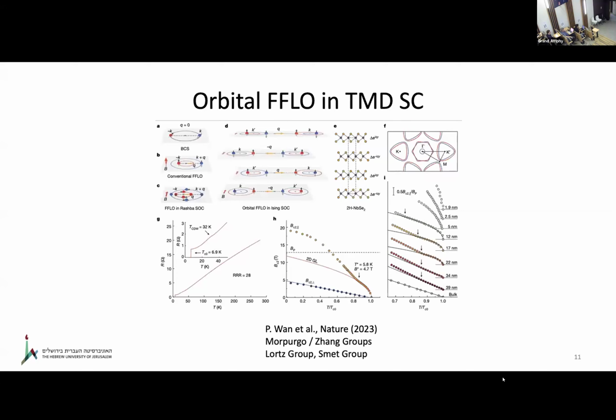In the beginning of the week, we had a talk by Ding Zhang, and he showed some data from his group and also from the group of Justin Ye from Groningen. What they show is that there is an effect that kicks in at about 10 nanometers, called the orbital FFLO, and that seems to be another phase at a higher magnetic field, which the groups working on this field associate with a different kind of Cooper pairing involving a momentum degree of freedom between adjacent layers.